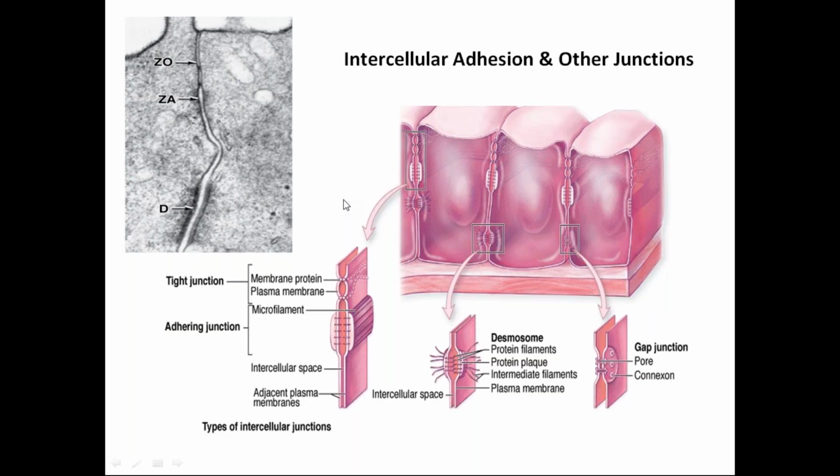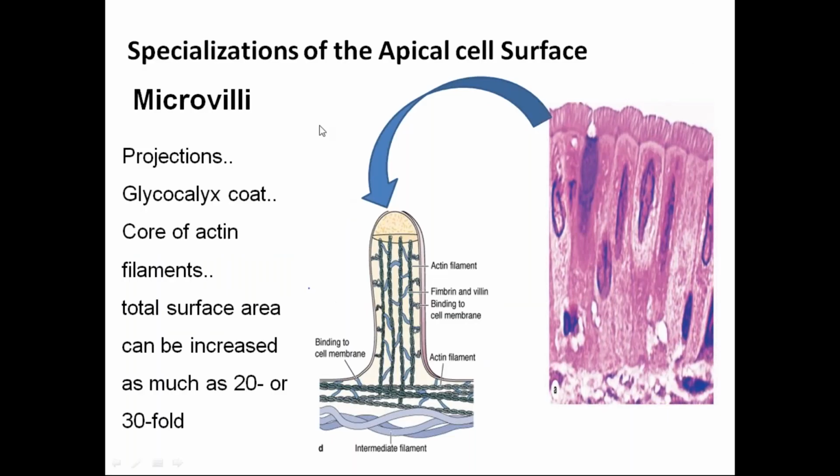Next, specialization of the cell apical surface. Here I am showing a columnar cell because the nucleus is elongated, and this cell is surrounded by cells, and this cell's apical surface shows some hair-like projections called microvilli.